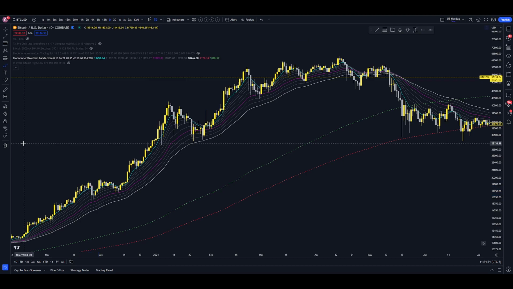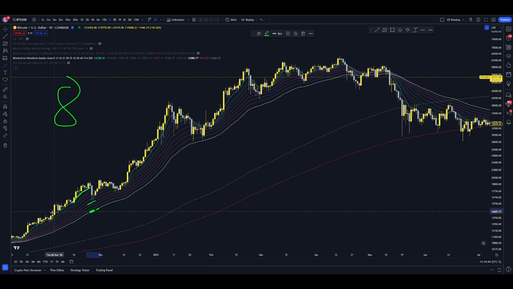But anyways, when you lose this 8-period EMA, which I'm basically just going to refer to from here on out as the 8, you tend to go to either the 30 or the bands. And again, with the bands, I'm really just referring to the 60 EMA.